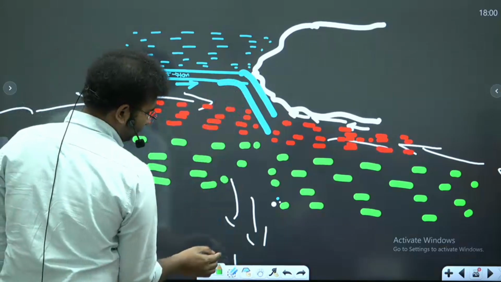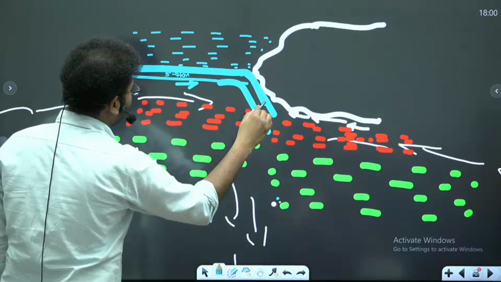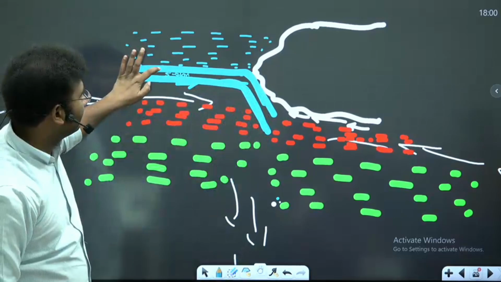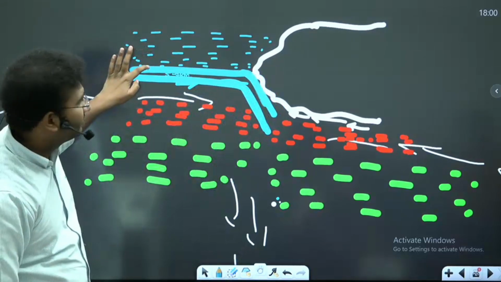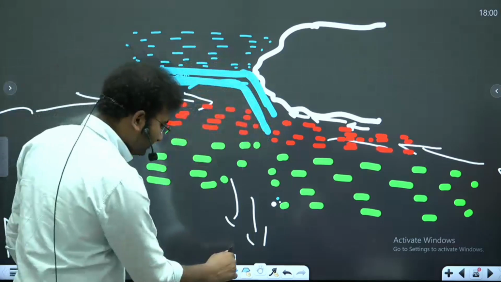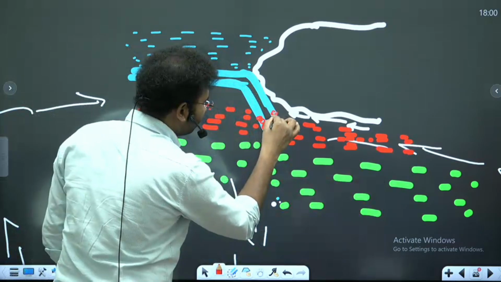Just a minute. Let me draw it in a proper way. See, it started to move further and further downward. As soon as it goes down, now what is happening? This is getting melted. This particular plate is getting melted.